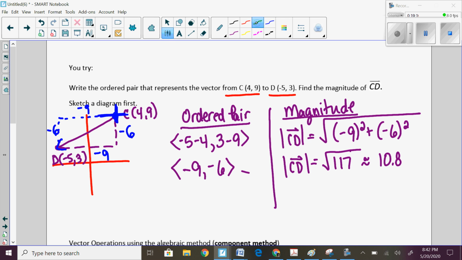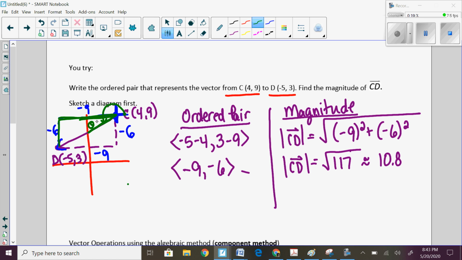And what we have to try to find is, if this is 0 right here, how many degrees is this? So we're going to think about calculating this angle because we're going down 6 and we're going to the left 9.